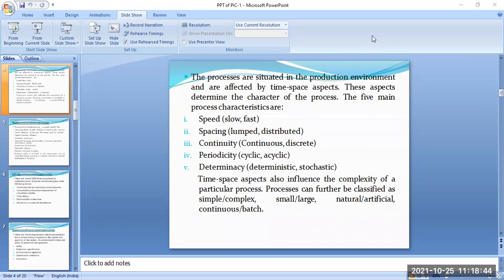And also we have to discuss continuity. This continuity is also classified into two parameters: either continuous, or discrete continuity.